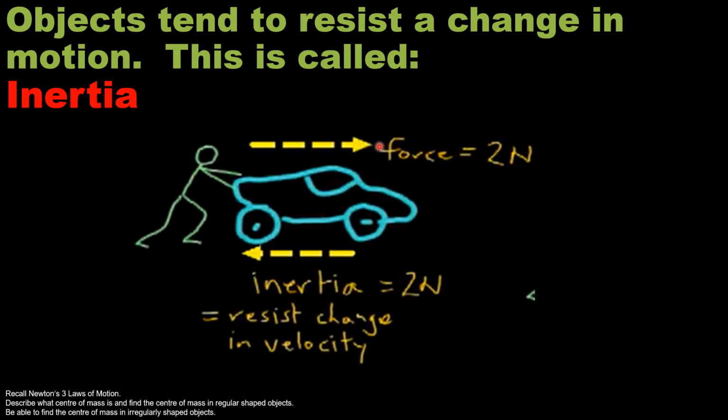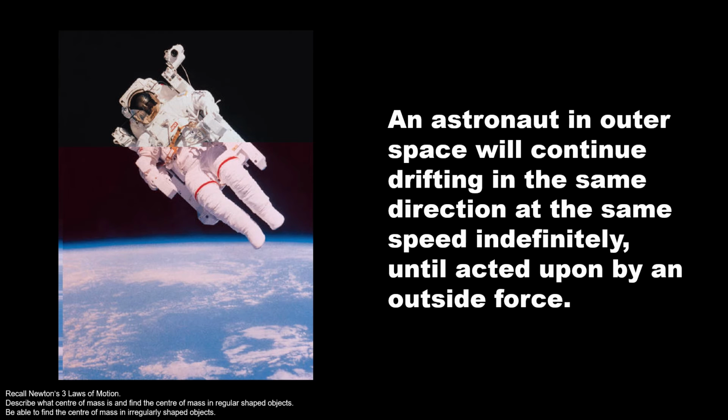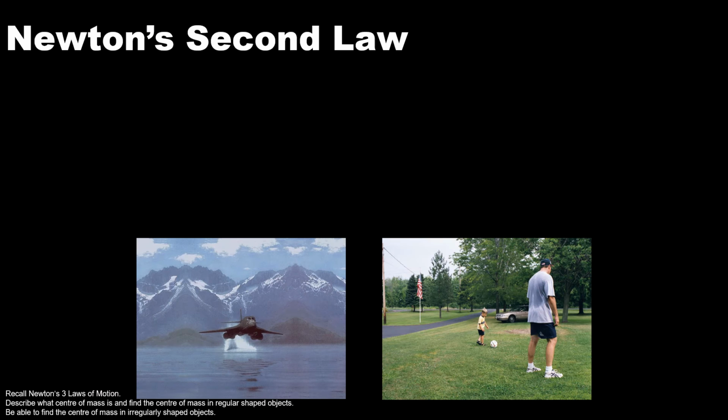So you need to push with a force of more than 2, so 3 or more, in order to actually get any results with the movement. If we go back to the astronaut scenario, remember I included an astronaut in my PowerPoint a few lessons ago. So an astronaut in outer space will continue drifting in the same direction at the same speed indefinitely, until acted upon by an outside force, which is unlikely to happen in space. Let's put it that way.